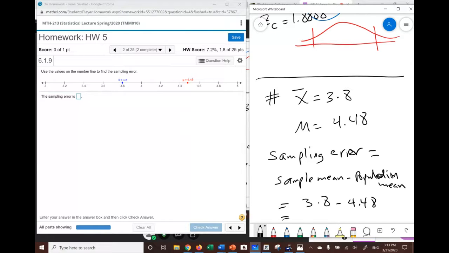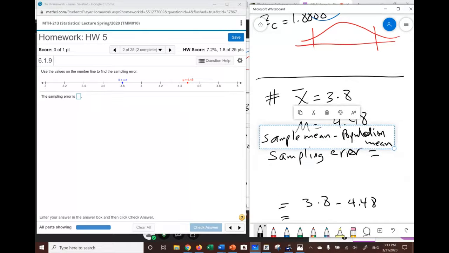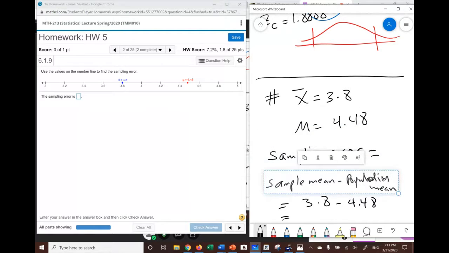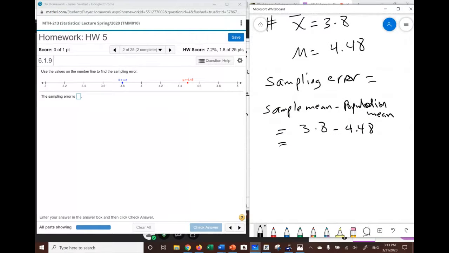We have to be very careful here. We don't put 4.48 first. We have to put 3.8 minus 4.48, and I'm using a calculator on the side. The answer in my case is going to be, and let me emphasize this, negative 0.68.